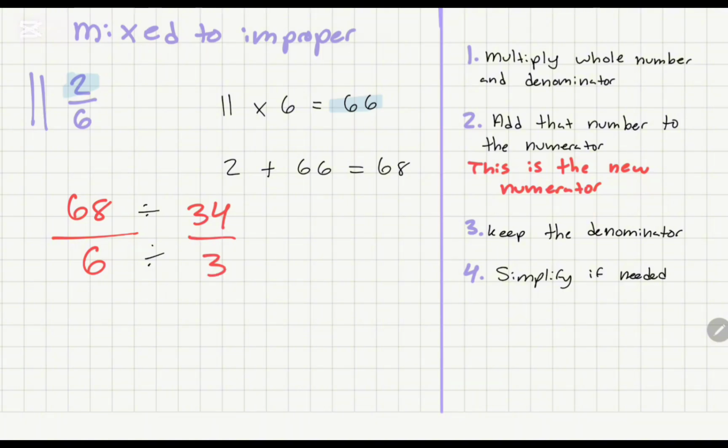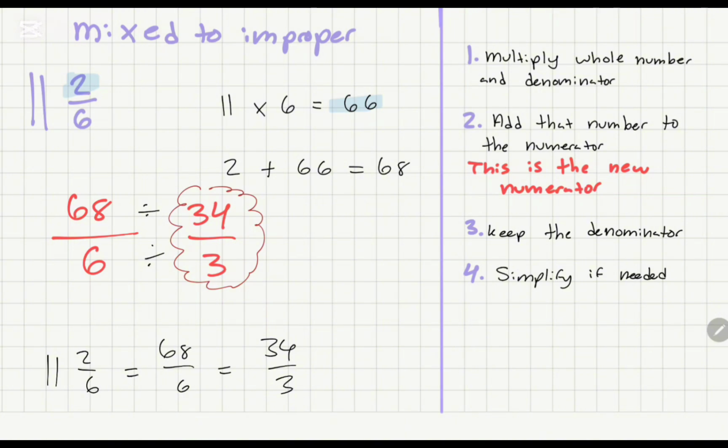Now, 34 and 3 do not have any common factors. We can't make this any smaller, so our answer is 34 over 3. And just like our other example, 11 and 2 over 6 is equal to 68 over 6 and is also equal to 34 over 3. Again, just different ways to write it.